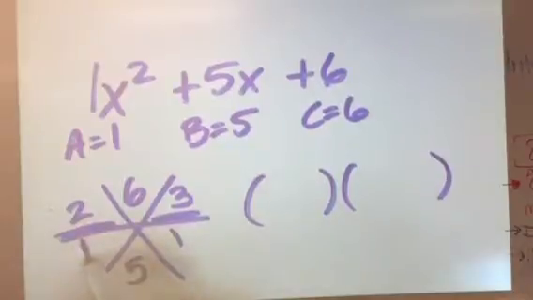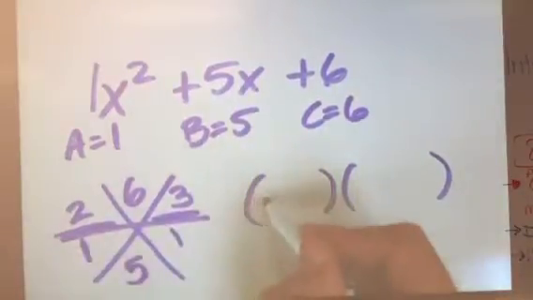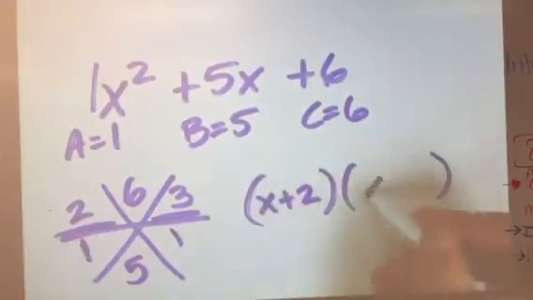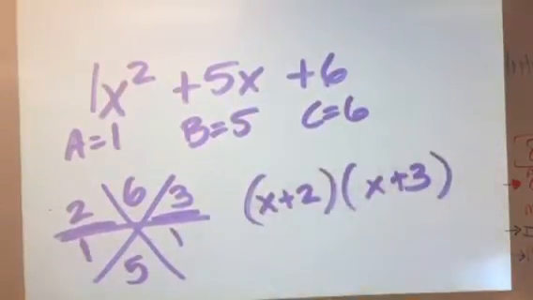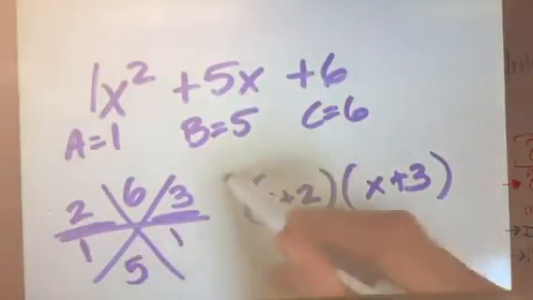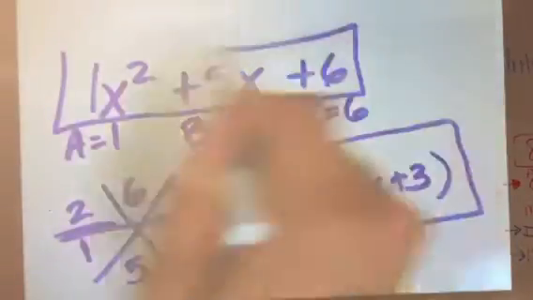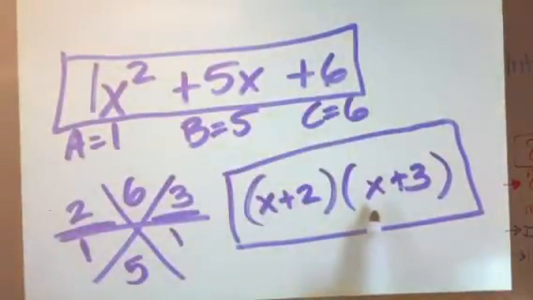The denominator becomes the coefficient of x, so that's 1x plus 2 and 1x plus 3. And we can multiply that out to see that we get x squared plus 5x plus 6. So we would call this the factored form of this trinomial. This is the factored form. Let's do another one.